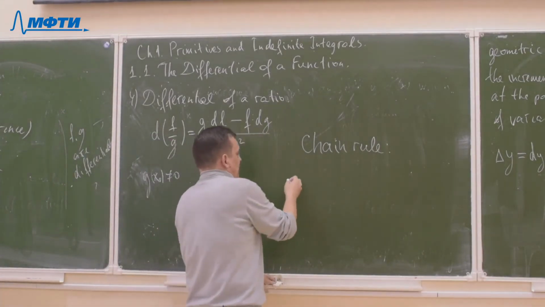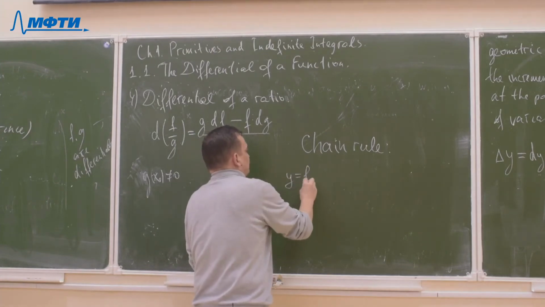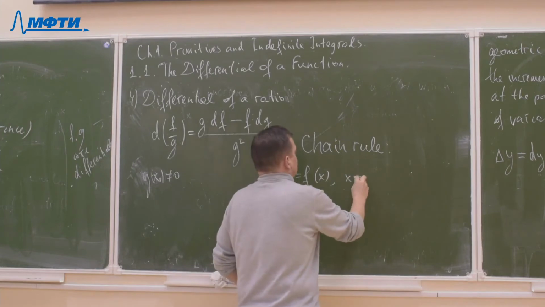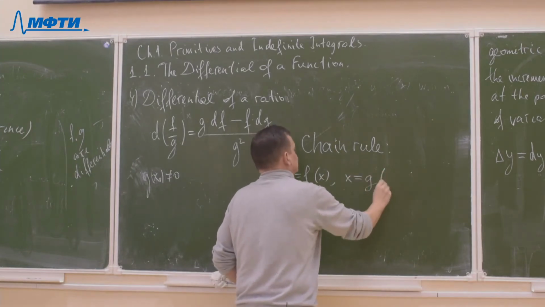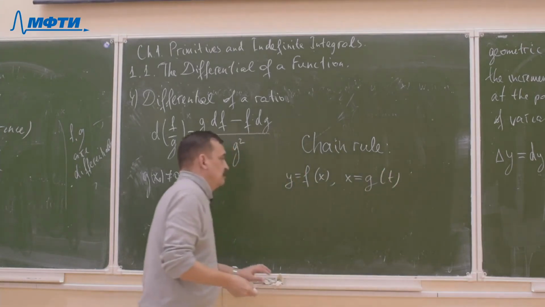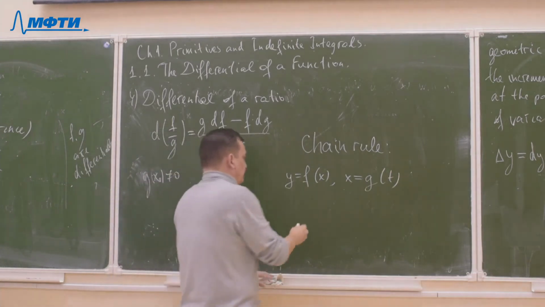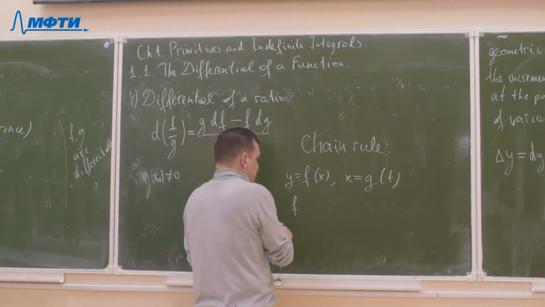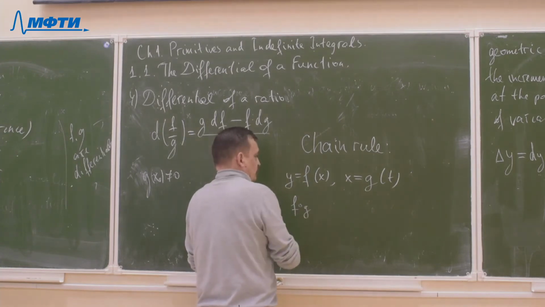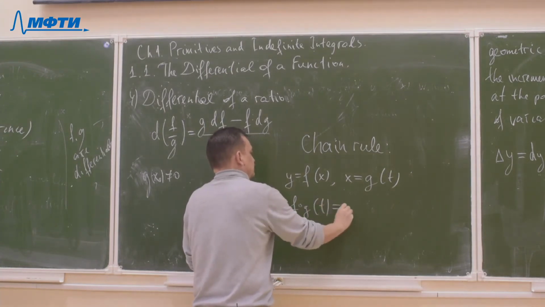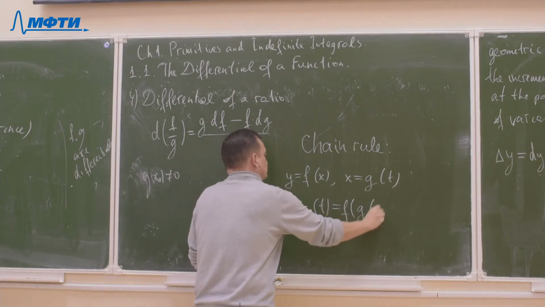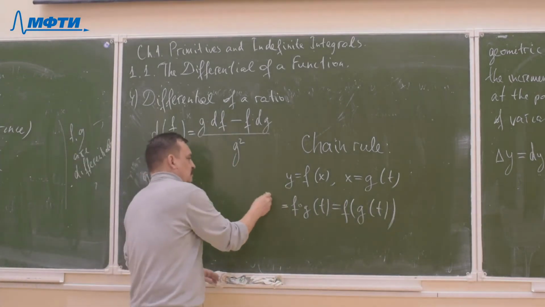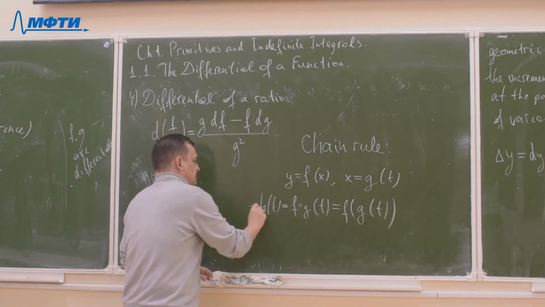If we have y equals f of x, right, and x equals, let's say, g of t, then we have a composition f over g of t, which is just f of g of t. Let it be h of t, that is y.